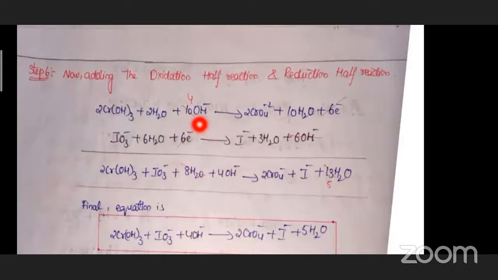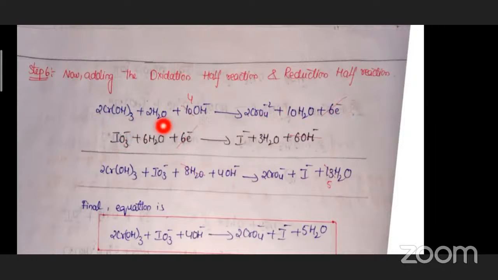Okay. While adding, whichever are common ions on the reactant side and on the product side, those common things we have to cancel off. So here you see 6 electrons on the product side, 6 electrons on the reactant side. So these we have to cancel. Okay.